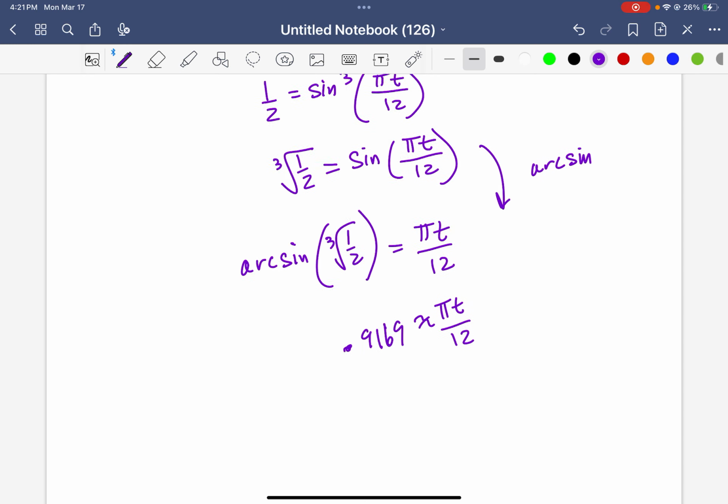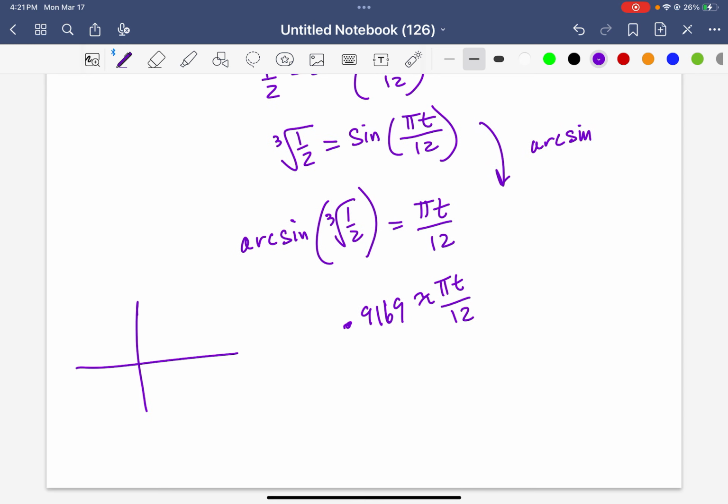But notice I'm wanting to know when is sine positive. So the calculator gives me an answer in this quadrant. It's always going to give you the reference angle. So arc sine or arc cosine or arc tangent are always going to give you the reference angle. But remember, when we come over here, we could get another time when our y or our sine is equal to the cube root of 1/2.